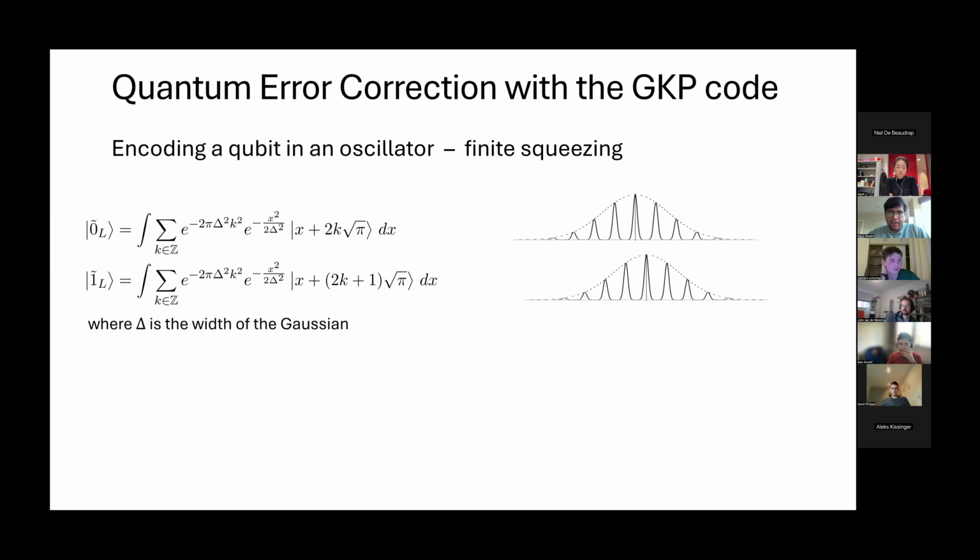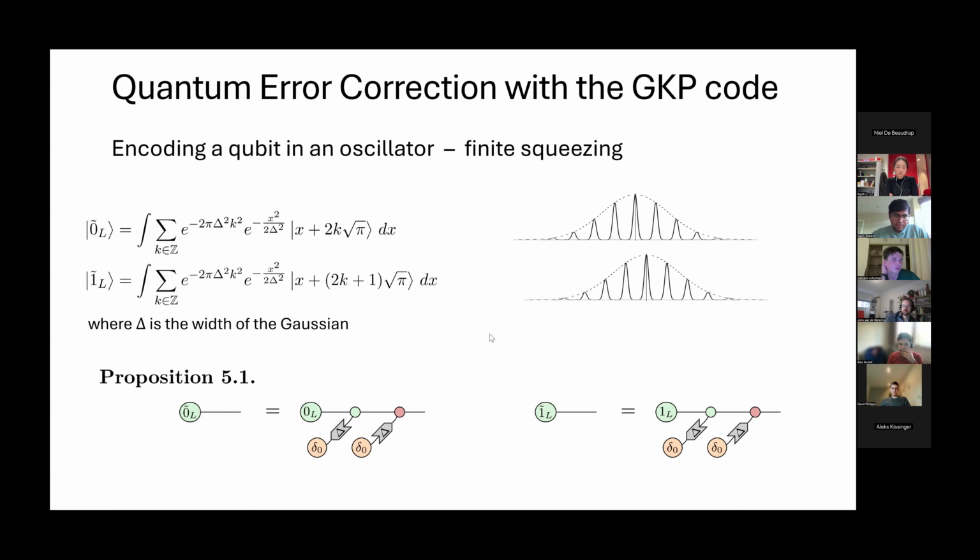But with ZX, you get a very nice perspective on this because you can show that these finite squeezing GKP states are actually the same as the ideal ones with some transformation. And this transformation is exactly the Gaussian regularization, the same as the Gaussian noise that you're adding.